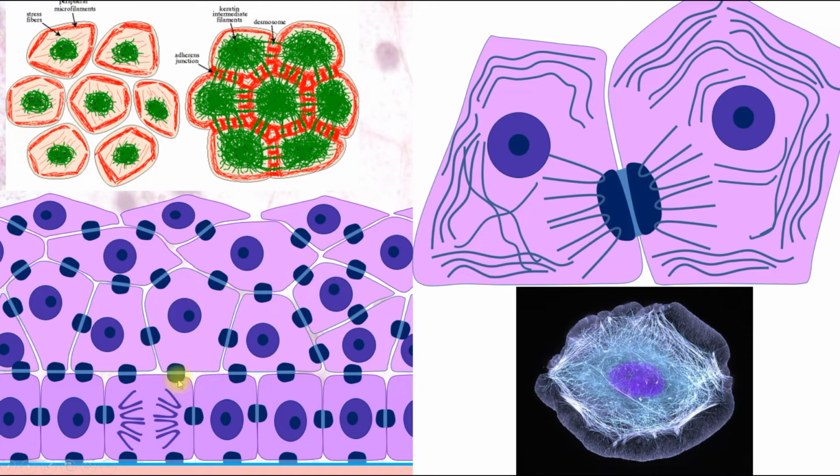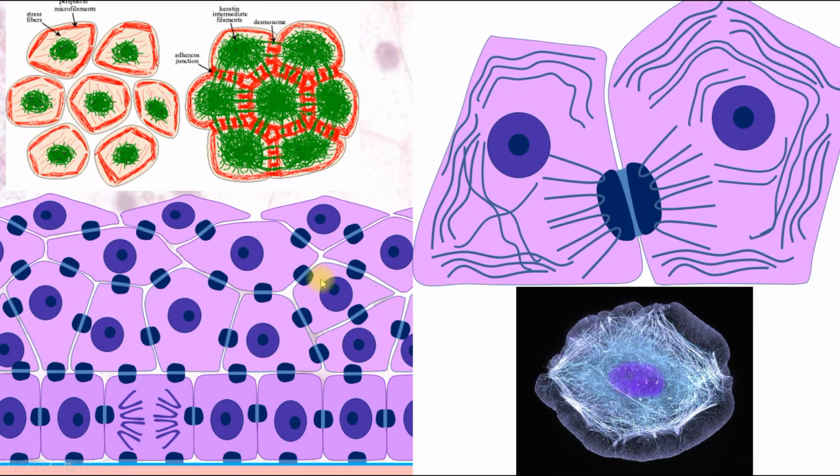But here cells are alive and they have all essential organelles, and the amount of keratin is smaller than in superficial layers. And the gradual increase in the number of keratin filaments, increase of the amount of keratin, is called keratinization. It's a replacement of the cytoplasm of epidermal cells with keratin.